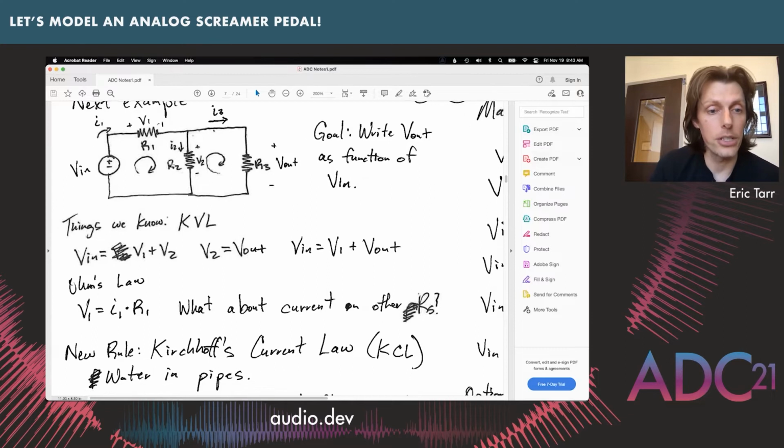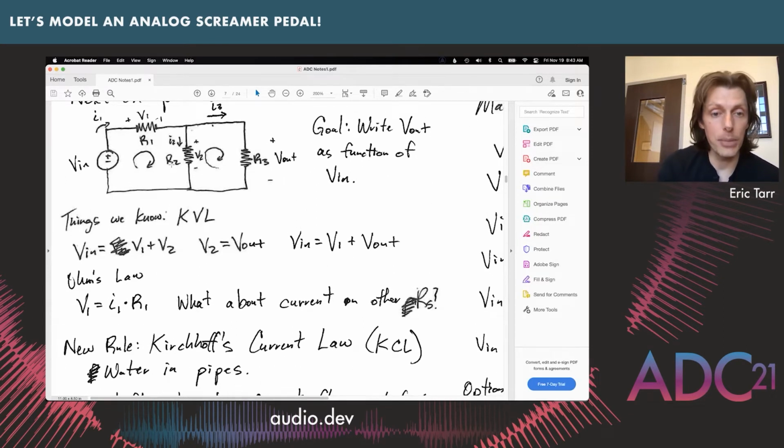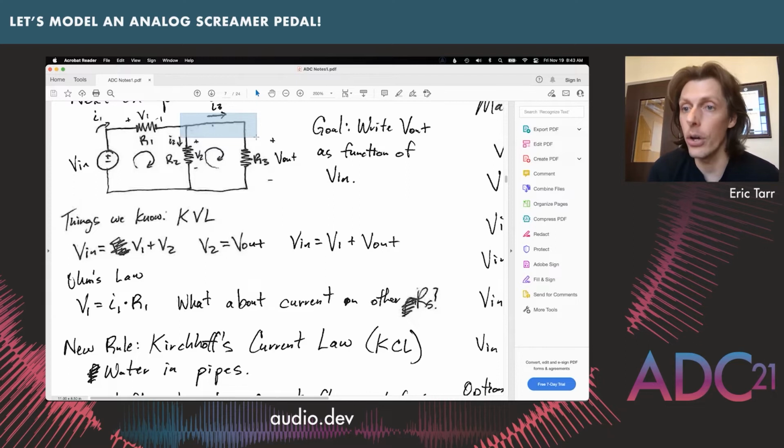So there's a few relationships that we can write about. One is that our voltage at our input is still going to get divided up here between voltage 1 and voltage 2. So that was our voltage divider equation. Vn equals the voltage across here and the voltage across here. And if you can see my mouse up here at the top, this part of our circuit is a single node, okay?